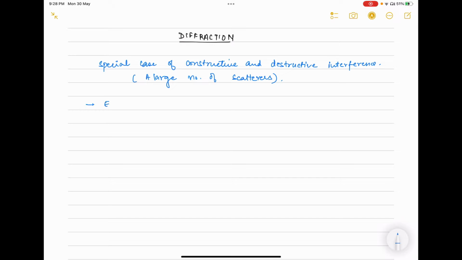Electromagnetic waves, that is EM waves like light, X-rays, UV rays, gamma rays, etc. Water waves, that is elastic waves in fluids or solids.